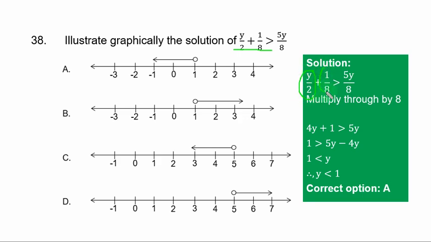Multiply this term by 8, you have 1. Multiply this term by 8, you have 5y. So we have 4y plus 1 greater than 5y. Collect like terms. You transfer this term to the right hand side, it becomes minus, so you have 1 greater than 5y minus 4y, and you have 1 greater than y.